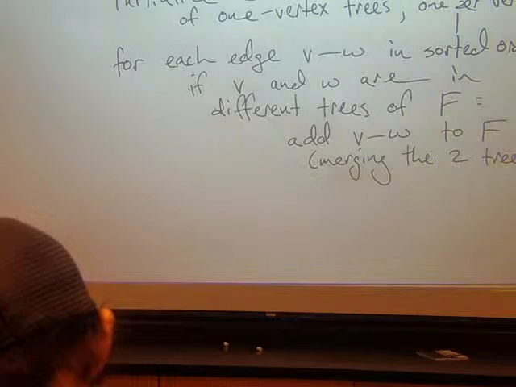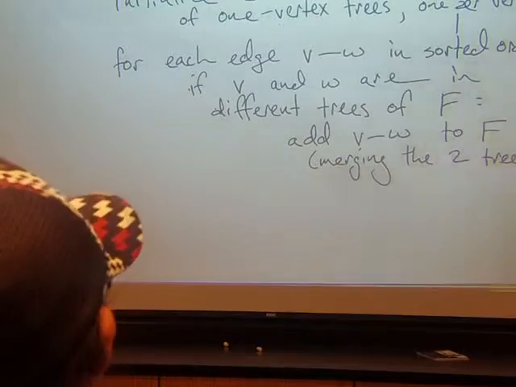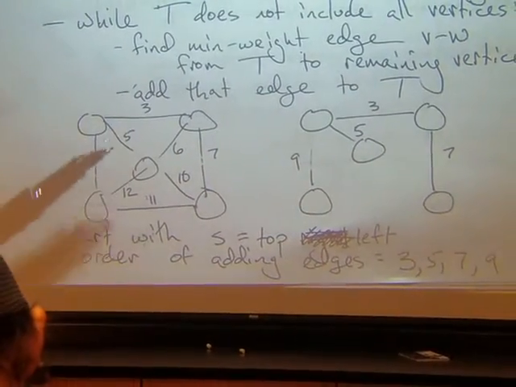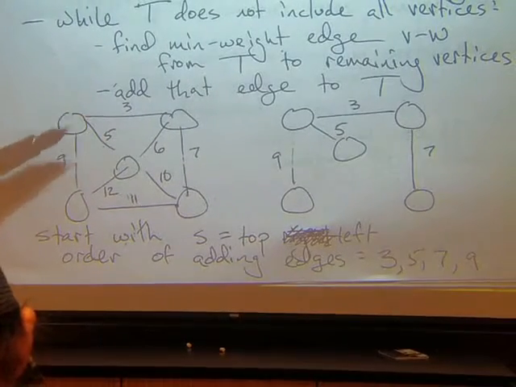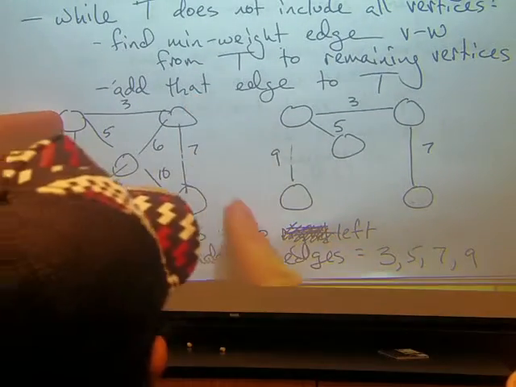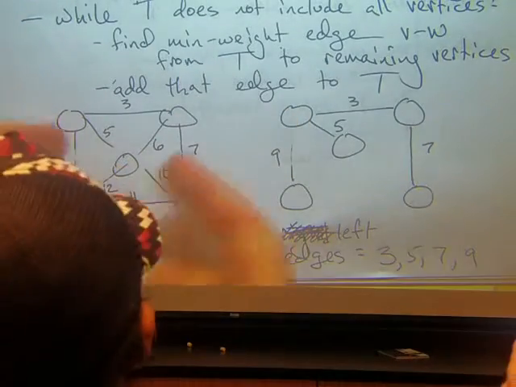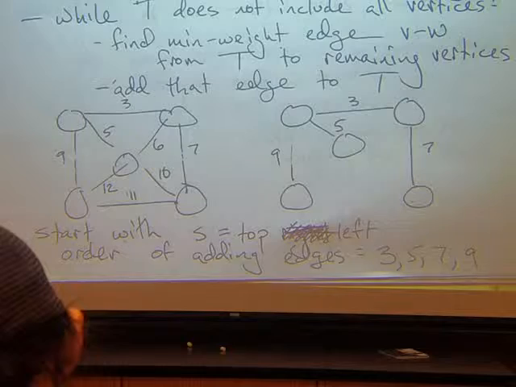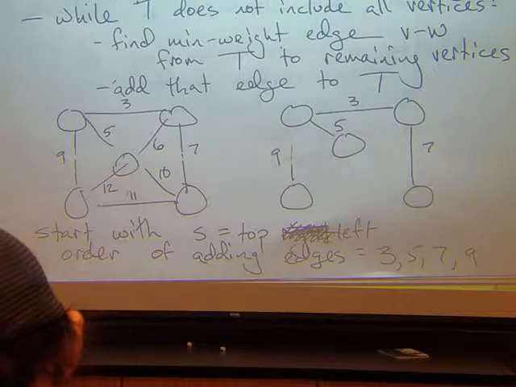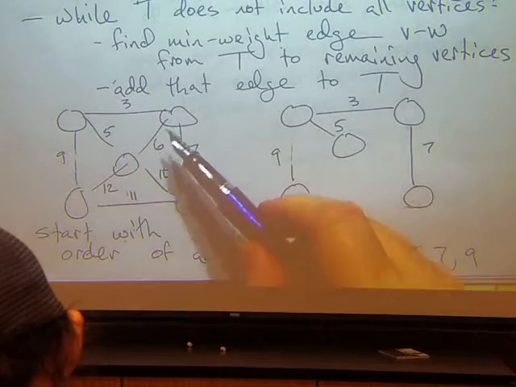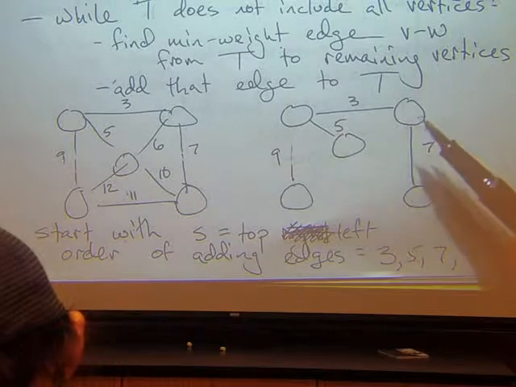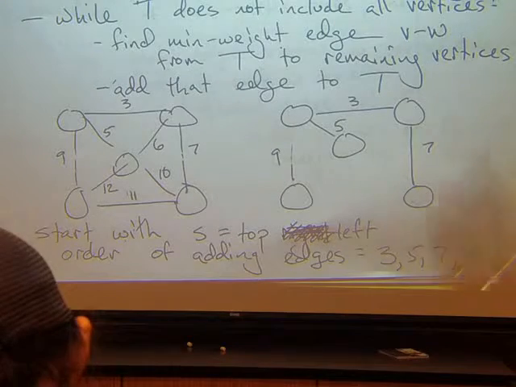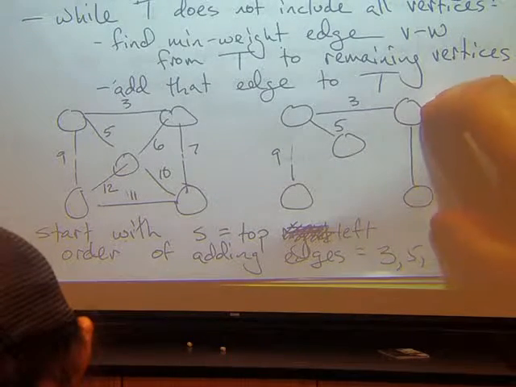Now in this example, that doesn't actually give us a different edge ordering because we loop through the edges in sorted order. 3 connects these 2 vertices which are not yet part of the same tree, so we add it. 5 connects this vertex in this 2 vertex tree with 1 more vertex, so we add it. 6 connects 2 vertices that have already been connected, so we don't add it. 7 connects 2 trees that are different.